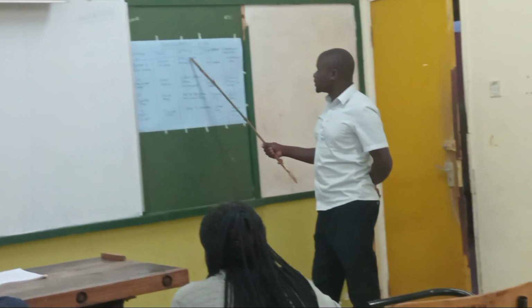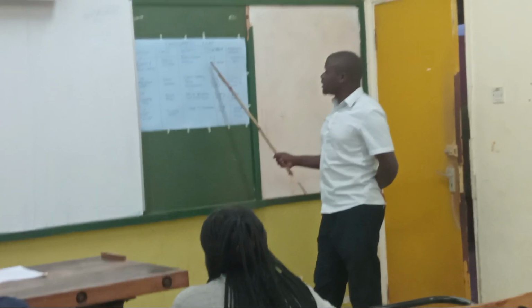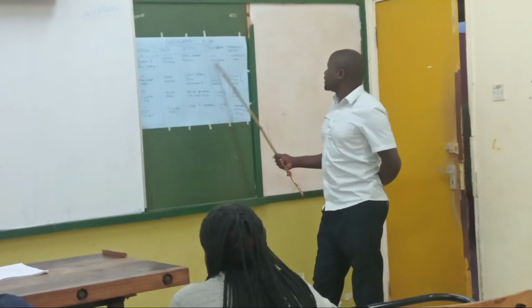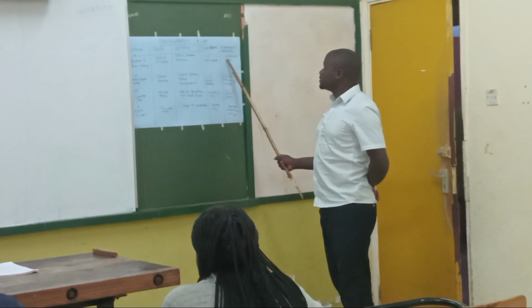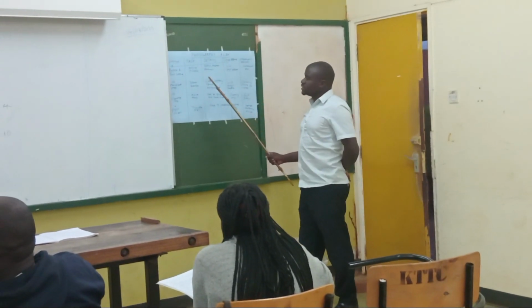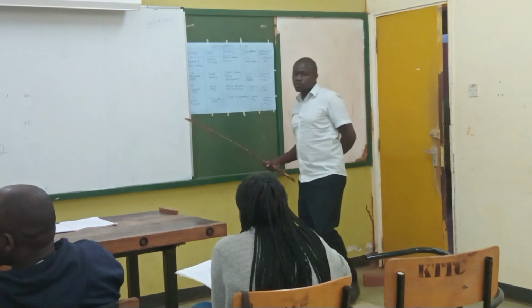Then you need to give yourself a time frame, which will be 1 to 2 days before the shooting. Then you need to have the equipment needed: the notebook and the pen, so that you know the things you require during the time of shooting.